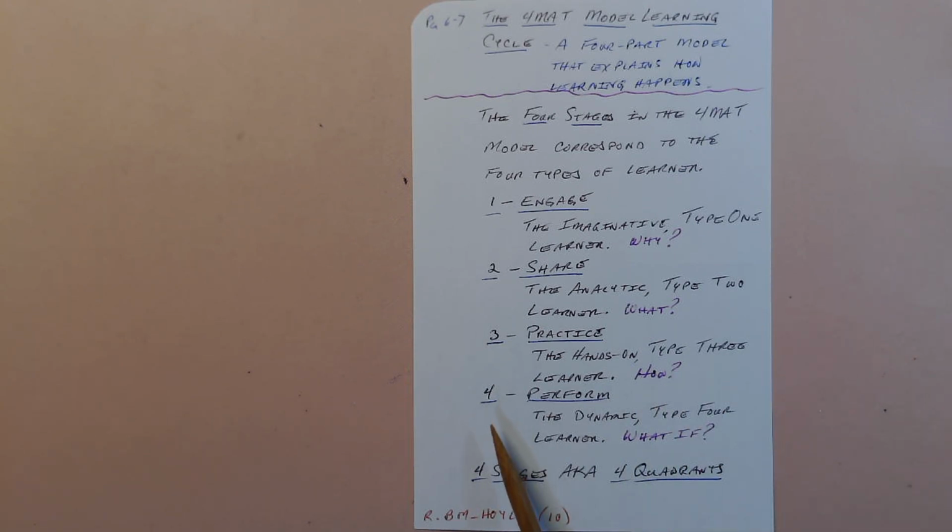The fourth and final stage of the four-stage model, perform, is the favorite stage of the dynamic learner, the type 4 learner, and it answers the question, what if? She also refers to these four stages as four quadrants, and rarely, but sometimes, refers to them as the four phases.